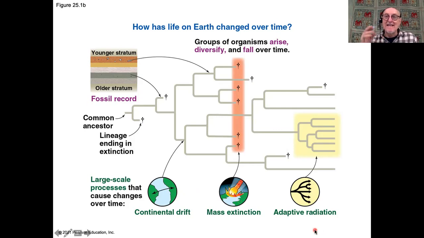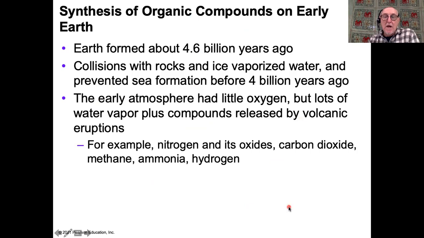The third is adaptive radiation, the sudden and explosive evolution of new groups from ancestors which have remained after a mass extinction, for example, or which have inhabited an entirely uninhabited area, like an island or whatever. These are the processes of adaptive radiation. So remember those 3: continental drift, mass extinction, and adaptive radiation, the major drivers of macroevolution.